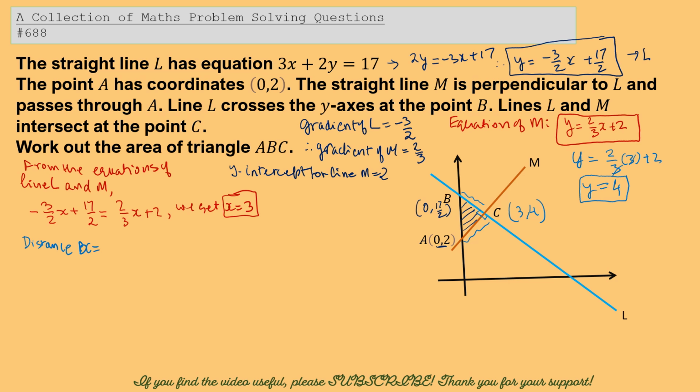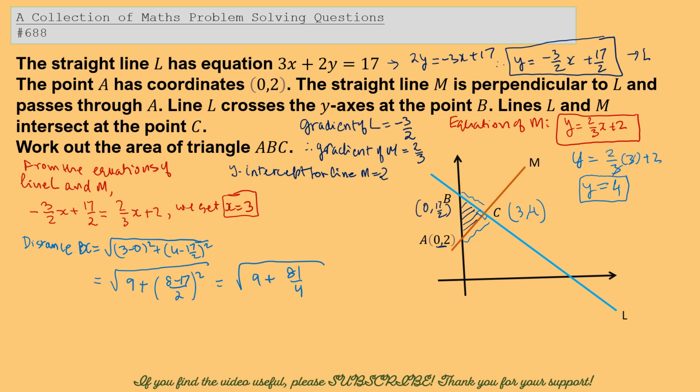Distance BC is the square root of 3 minus 0 squared plus 4 minus 17 out of 2 squared. That is the square root of 9 plus, 4 minus 17 out of 2 is minus 9 out of 2, squared is 81 out of 4.